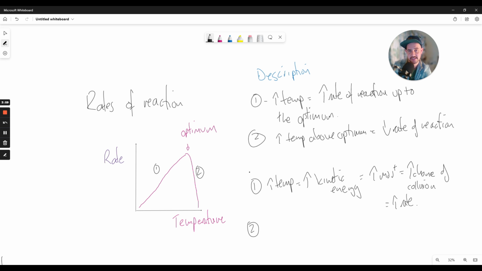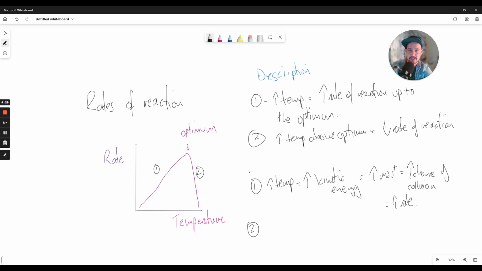And when the active site changes shape, the substrate no longer fits in snugly, and so the reaction no longer occurs. And this change is permanent, and so the enzyme is no longer functional, and the rate, therefore, as a total, will decrease. We call the process by which an enzyme's active site changes shape permanently and the enzyme loses its function denaturing, and so the enzyme becomes denatured.